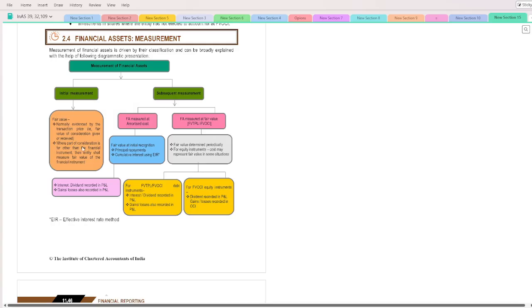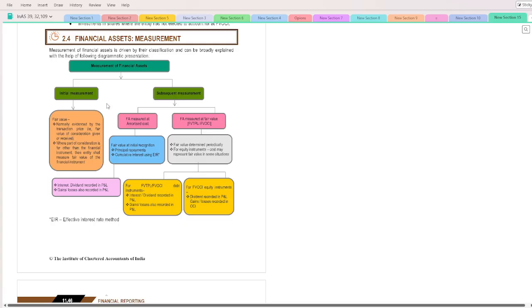Where part of the consideration is for something other than the financial instrument, the entity shall measure the fair value of the financial instrument. Like here, the investor is paying to buy the financial instrument plus other assets, so then you need to determine the fair value of that particular financial instrument.